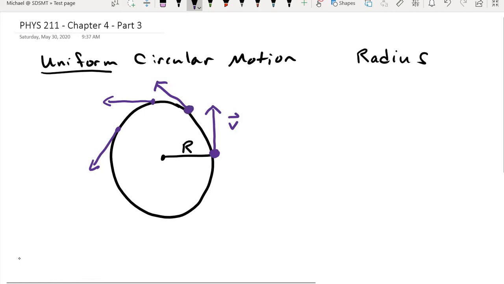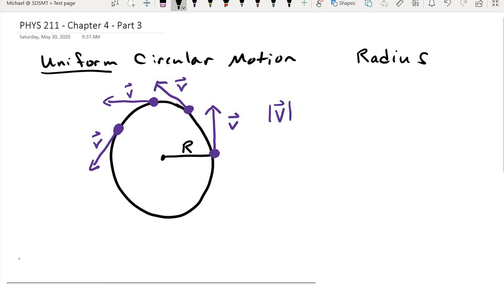So we'll have to consider that we have a point or a particle that is traveling around the edge of this circle. And as that particle travels, its velocity continuously has to change direction in order to maintain on the path of that circle. But even though the direction of the velocity is constantly changing, it is possible to keep the magnitude of that velocity constant.